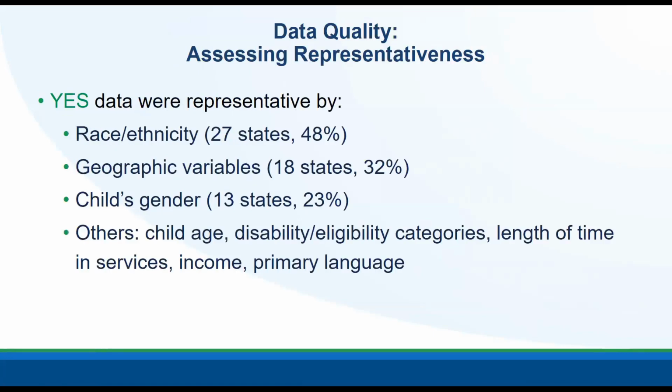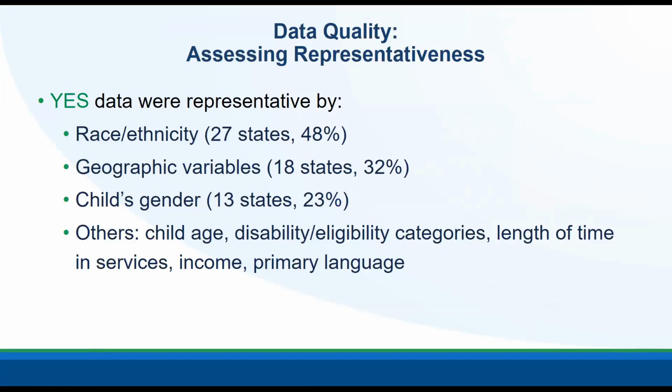And then in many cases, there's additional information that's added to explain that yes or no checkbox and the degree to which their data are representative in more detail. So we also coded the variables that states are using to assess the representativeness of their data. So the top 3 variables that states looked at were race, ethnicity, geographic variables like district or county, and child gender.